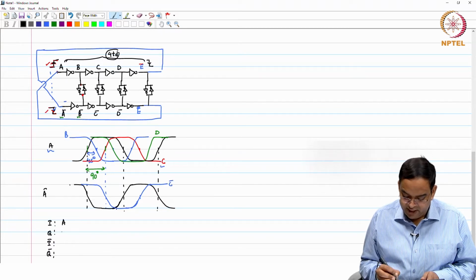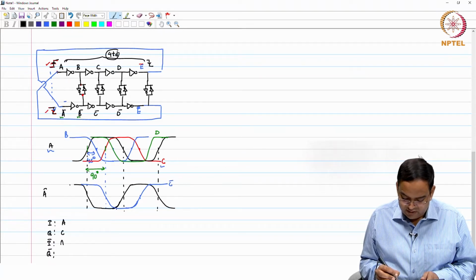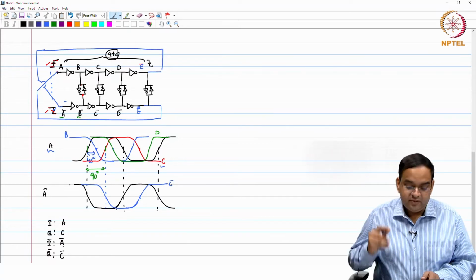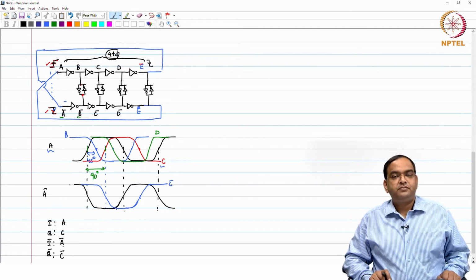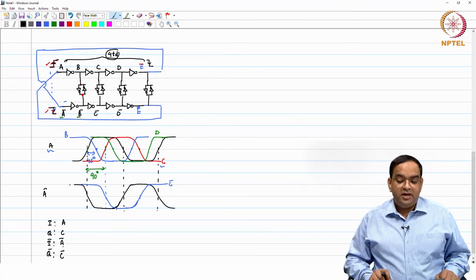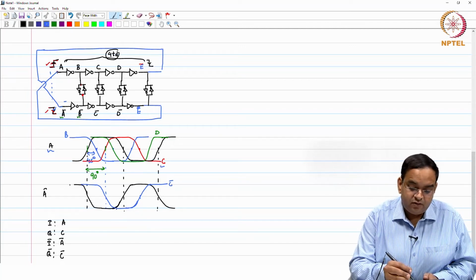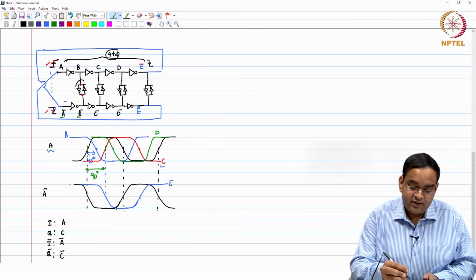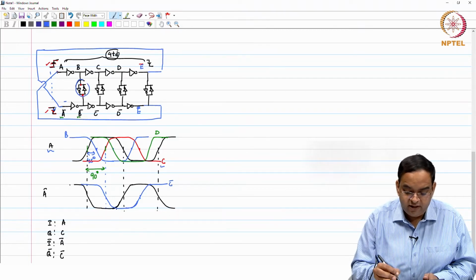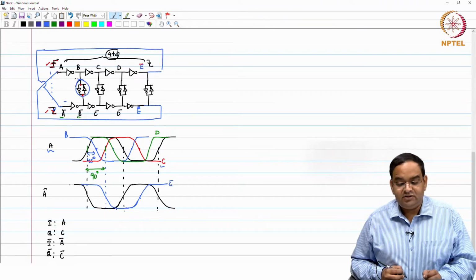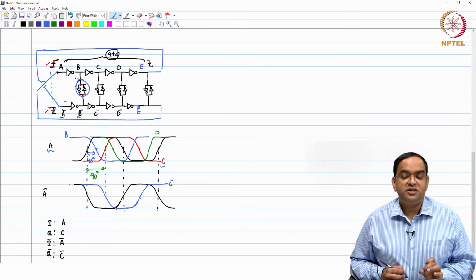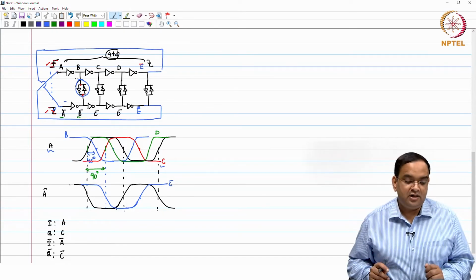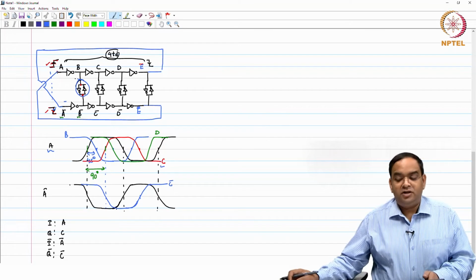This will be phase A, this is going to be C, this will be A bar and this is C bar. Okay. And these inverters have an important role to play because they help us maintain the 180 degree relationship between the two phases.